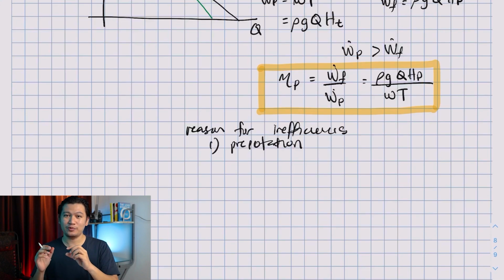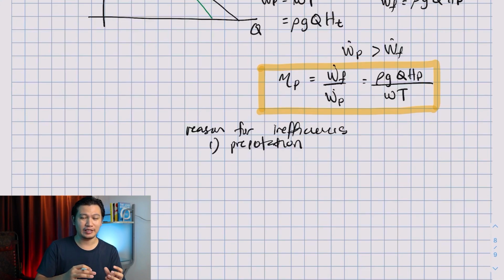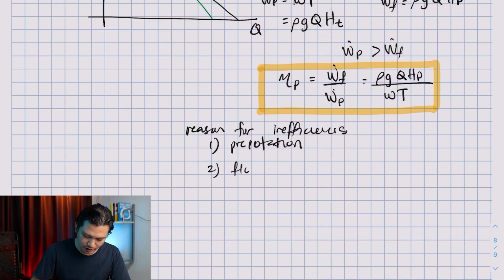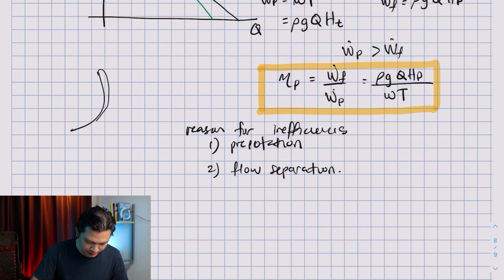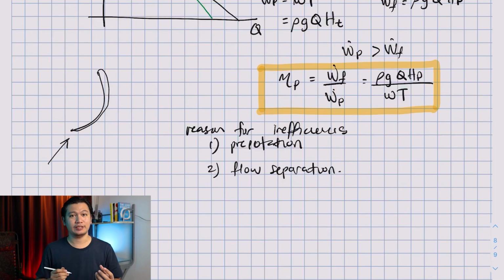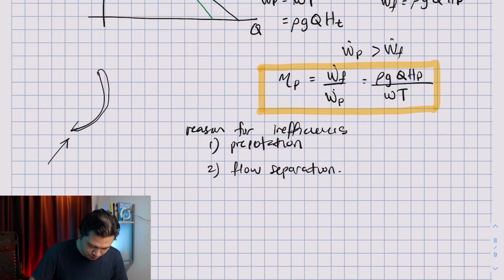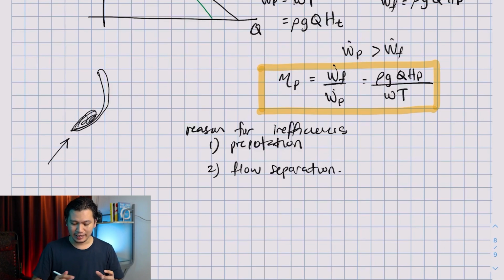And even then, when the flow gets into the impeller, the flow might be separated close to the blade. So it could be flow separation, meaning that it looks something like this. So if this is your blade, and the flow came in at this direction, what happens is that you will have the separation bubble close to the blade, and this is what I call the flow separation.